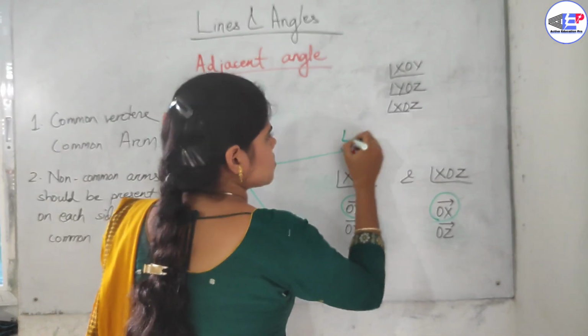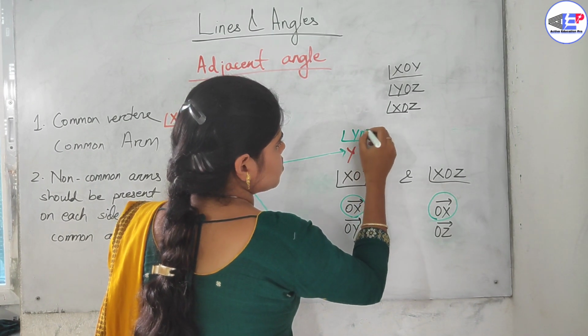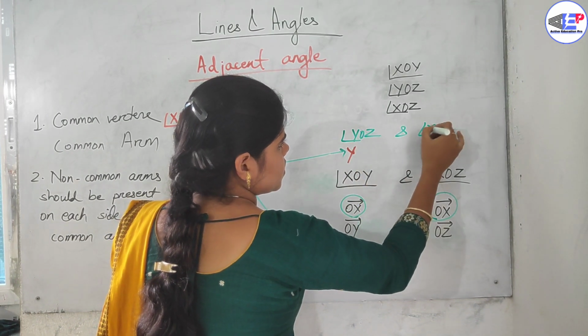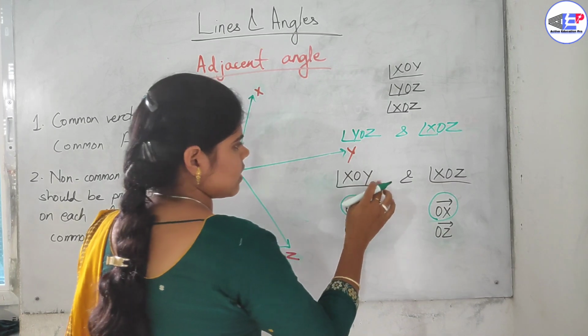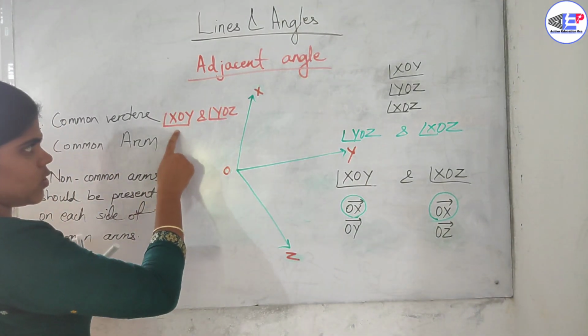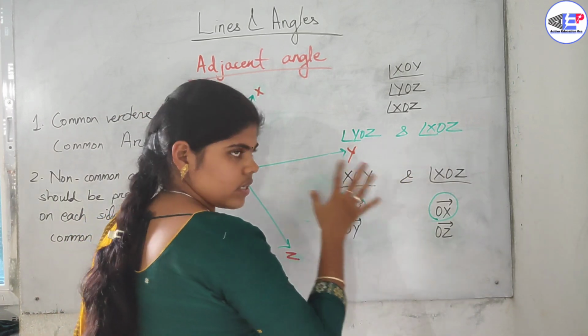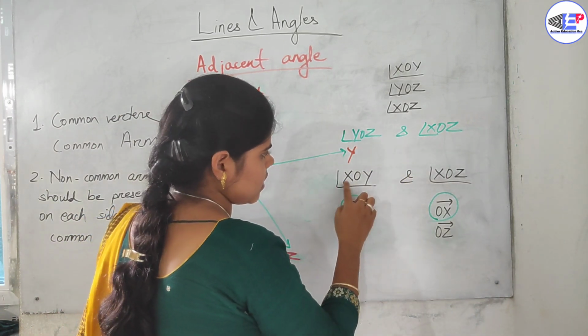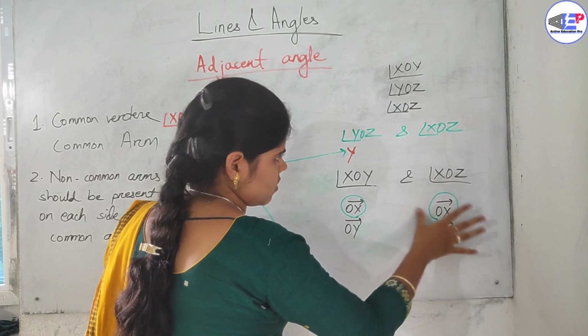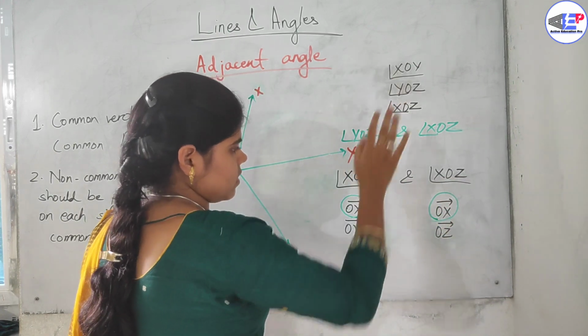The last pair was YOZ and XOZ. There are three pairs. One pair is XOY and YOZ, the second pair is YOZ and XOZ, already described, and the last one is XOY and XOZ.